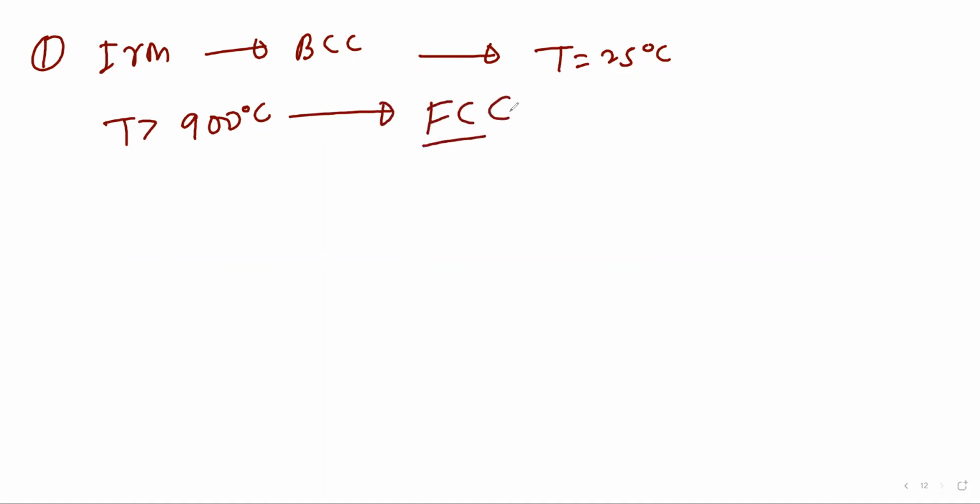When it is heated above 900 degrees Celsius, find the ratio of the density of iron at room temperature to that at 900 degrees Celsius. Here the density will be rho 1 and this will be rho 2. The molecular mass and atomic radius of iron remain constant with temperature. It was asked in 2018.